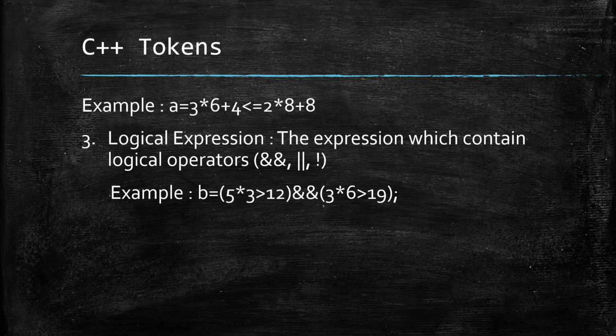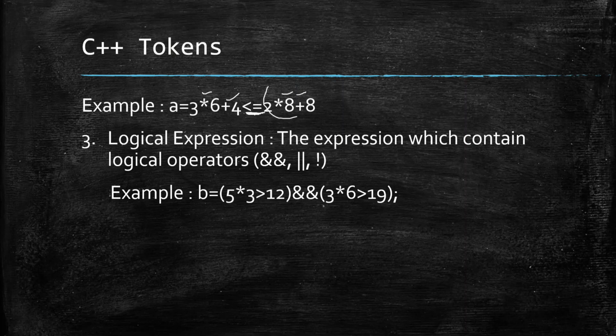Fine. Now coming to the example, you can see A is equal to 3 into 6 plus 4 lesser than or equal to 2 into 8 plus 8. Now fine, here you can observe we are having my arithmetic operators here and this is my relational operator, right? And here again my arithmetic operators.